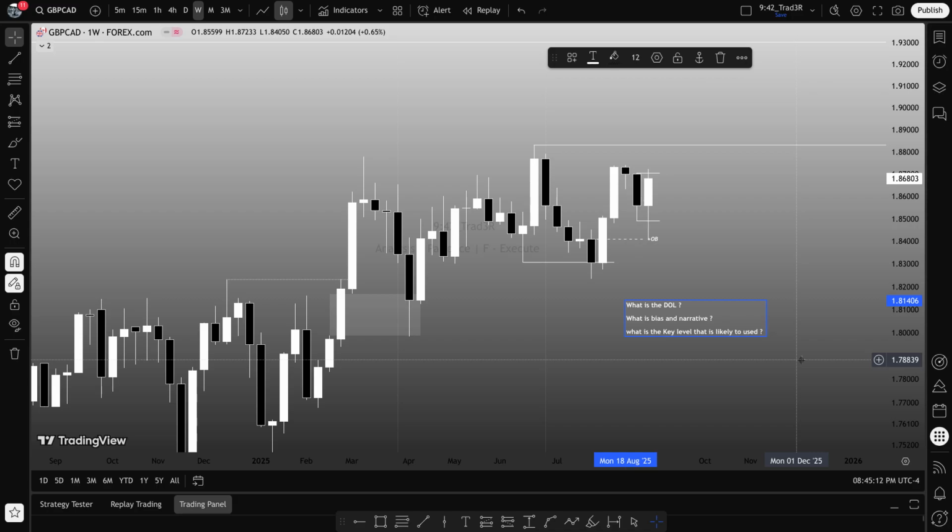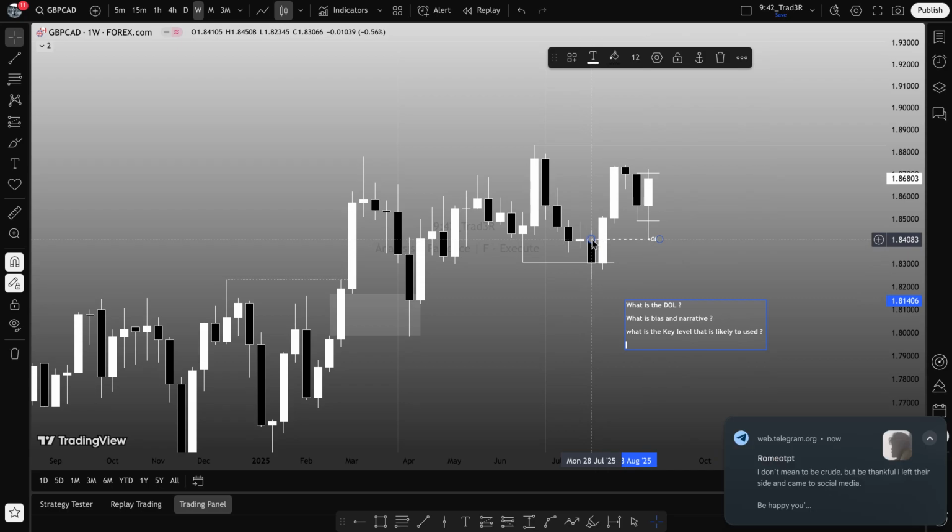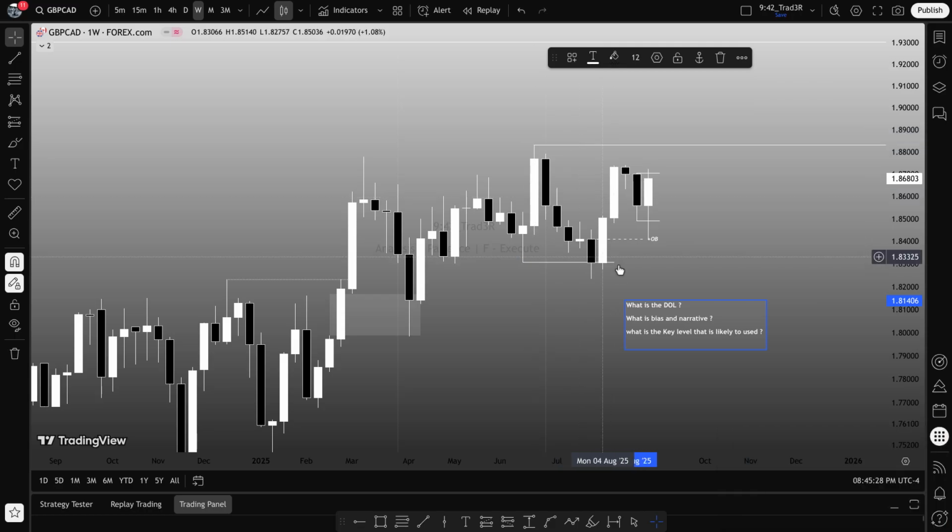So that will be the next question I'll ask myself, what is the key level that is likely to be used? So key levels I only focus on are order blocks and highs and lows. Those are the key levels I focus on. Order blocks and highs and lows.